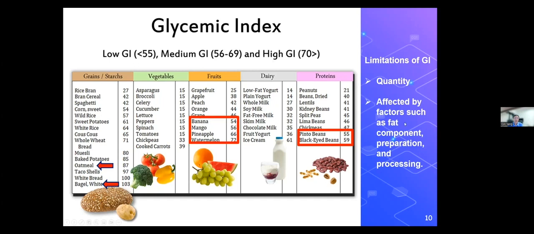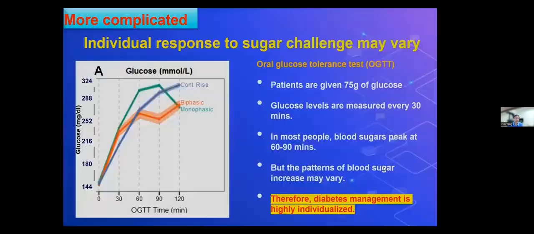They're also affected by other factors, such as whether you are eating these carbohydrates alone or with other food together, which would affect the sugar levels. To make things more complicated, everybody can be different, even though you consume the same amount of sugar.